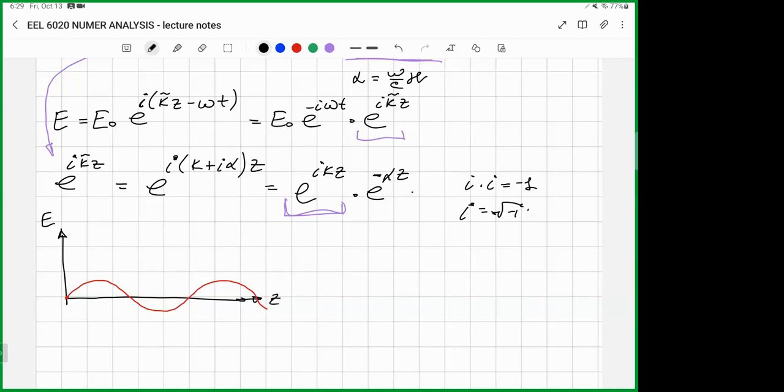And what is the wavelength of this wave? The wavelength is the distance the wave propagates over one period of oscillation. So this is one period of oscillation, and this is the wavelength of the wave in free space.